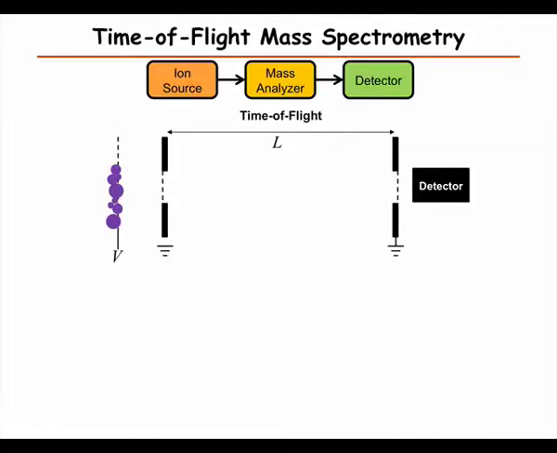So the time of flight is probably the most straightforward one. I should say that initially, at least, it was mostly used with matrix-assisted laser desorption because it was an easy fit, but nowadays it's also used a lot with electrospray ion sources. So you create your ions in some way so that they're in the gas phase, and you have them at high voltage, and then you have a grid at the entrance of the mass analyzer.